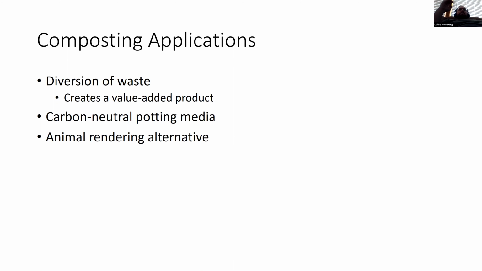Oftentimes those animals are rendered, where a rendering truck goes and picks up the animal and then turns it into other value-added products like leather or blood meal or bone meal or all these other different types of products. So that's ideal.